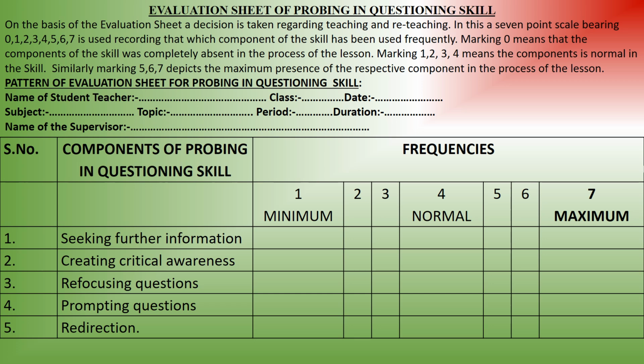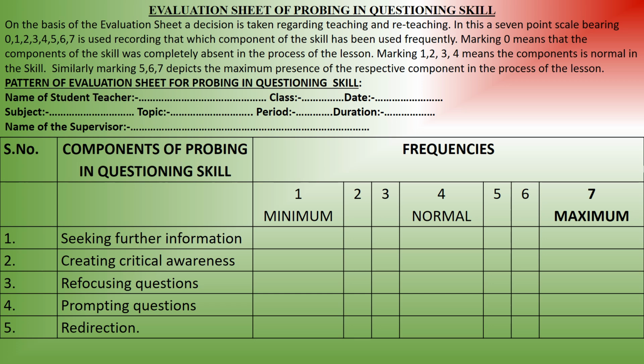In the pattern of the evaluation sheet in the probing questioning skill, first of all, the name of the student teacher will be written. After that, class, subject, topic, period, and duration will be written. Lastly, the name of the supervisor will have to be mentioned. After the preliminaries have been mentioned, the evaluation sheet will be divided into 5 columns. In the first column, the serial number will be written. In the second column, the components of probing questioning skill will be written.